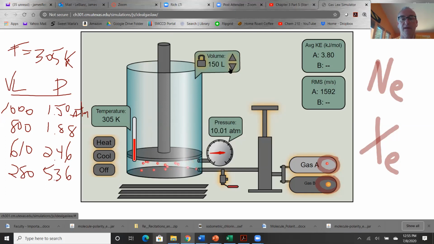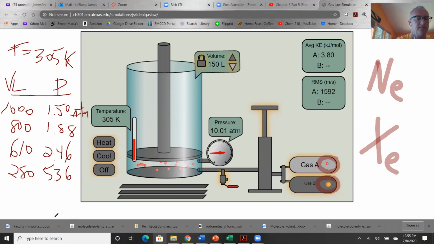So looks like the highest I could drop it down to is 150. So at 150 liters, my pressure is 10.01 atmospheres. Now, why that may be the case is that on a lot of gas cylinders, there's a pressure regulator on the top. I use gas in experiments all the time.